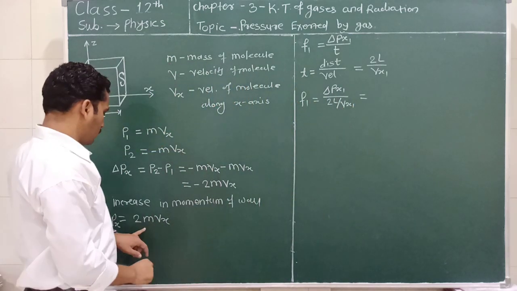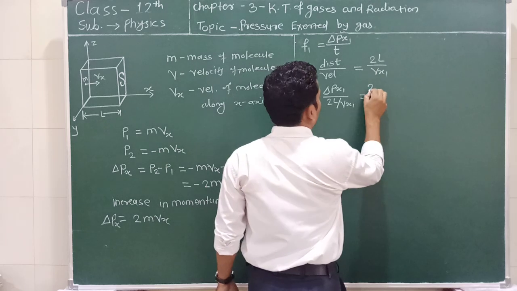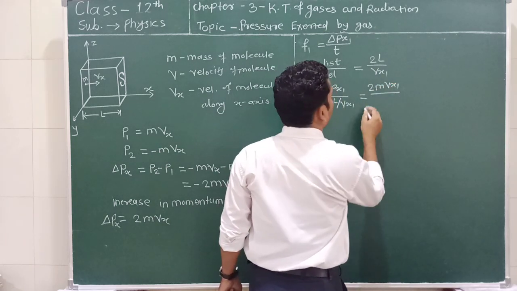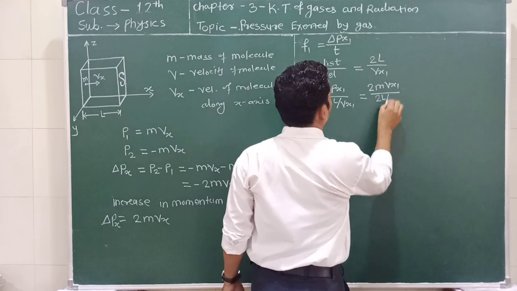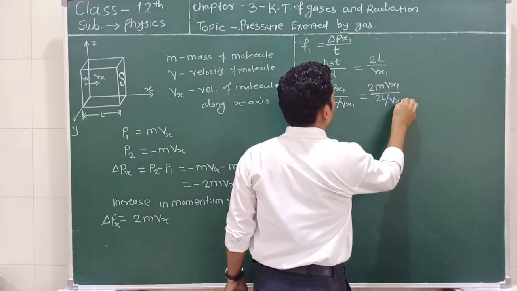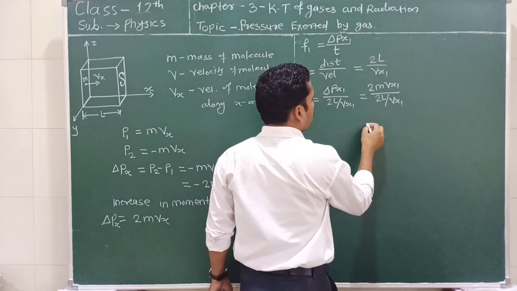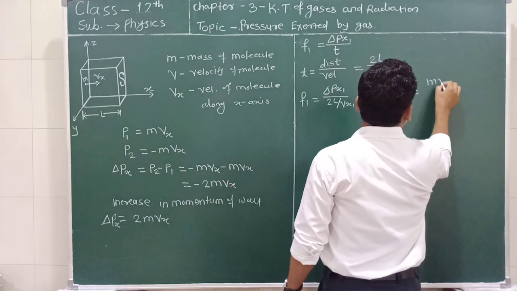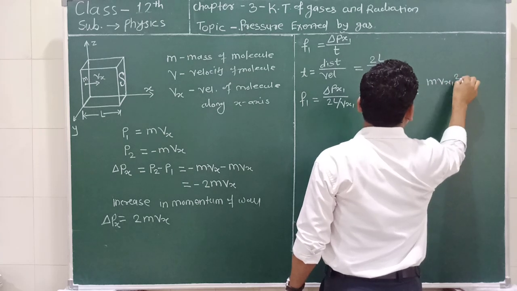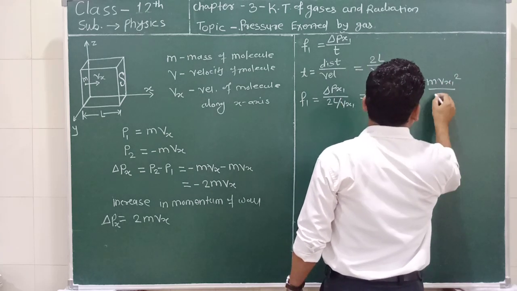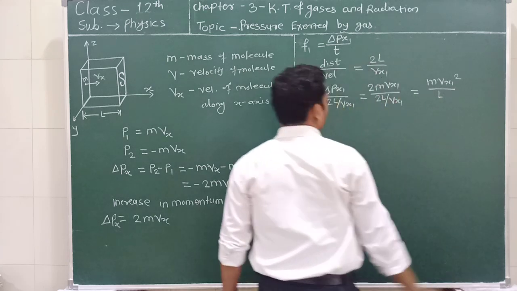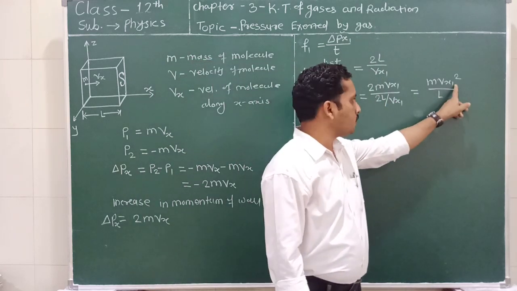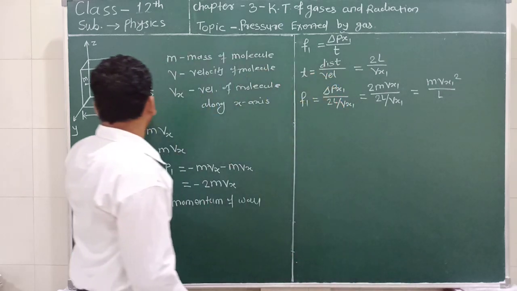This delta Px1 is equal to 2m into Vx1, divided by 2L upon Vx1. So the 2 and 2 get cancelled, and we can write it is equal to m Vx1 square divided by L. This is the amount of force exerted by the first molecule on the wall of the container.